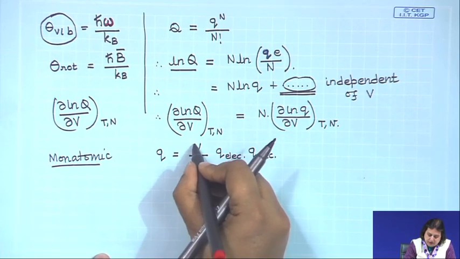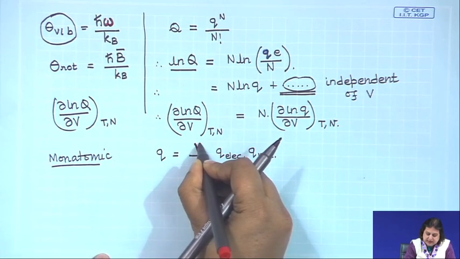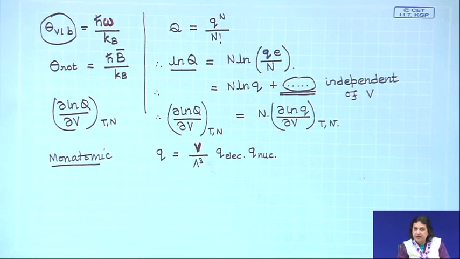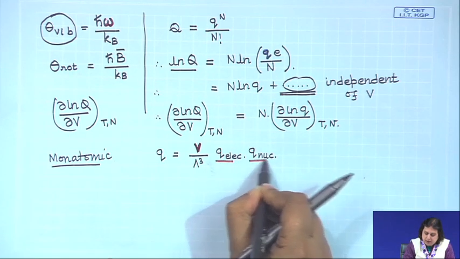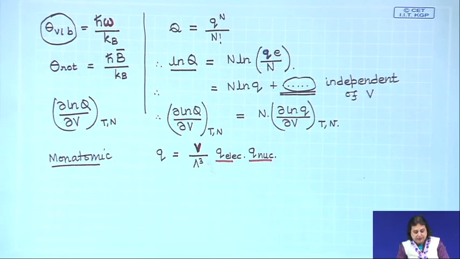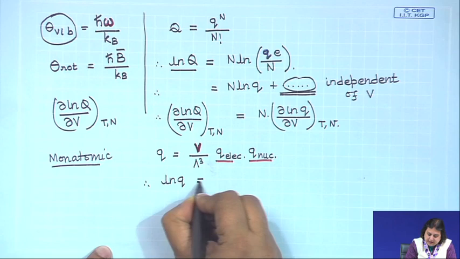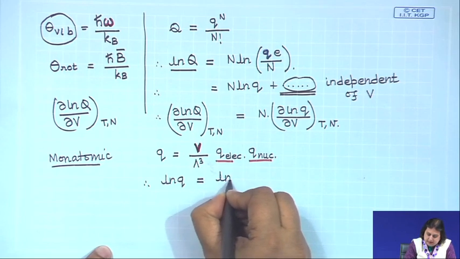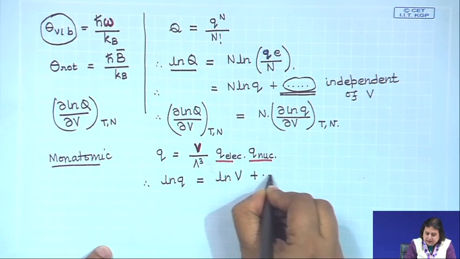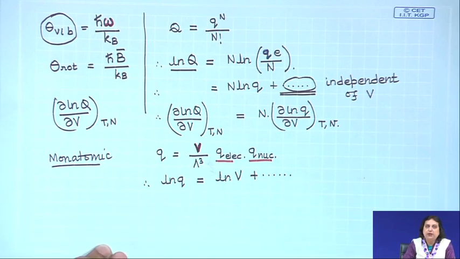The dependence on V appears through this explicit appearance of capital V. As a result, if I assume that q electronic and q nuclear are constant with respect to volume, then I can write ln q equal to ln V plus other terms that I need not be bothered about.